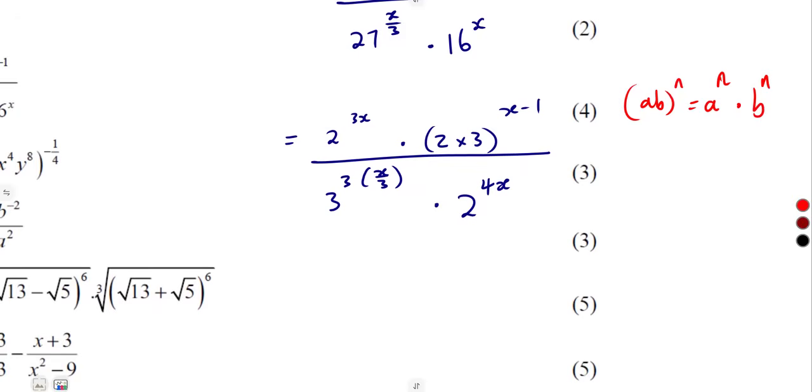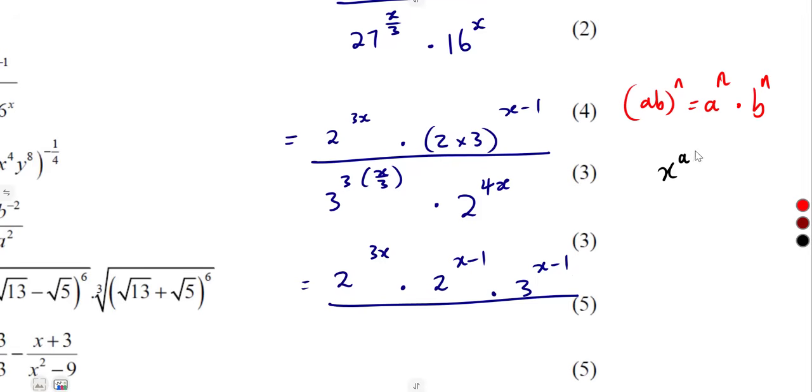So thus, you are going to have 2 to the exponent of 3x times 2 raised to the given exponent, which is x minus 1. 3 also will be raised to that exponent, which is x minus 1. Everything over what? Here, there is a law: an exponent to an exponent. x to the exponent of a, to the exponent of b, is going to give us x to the exponent of ab.